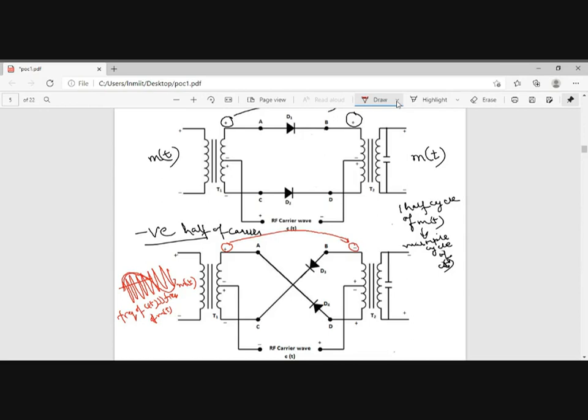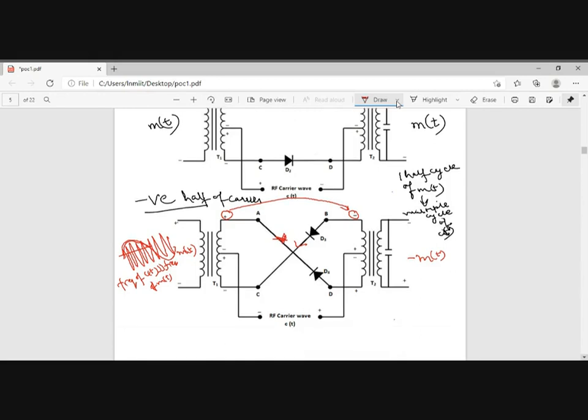You can very well check this, because whenever you apply m(t) here, you can see the change in polarity. The direction of the current will be in this direction, because Ac will also be greater than Am. So when m(t) is applied, the positive side will go here and the negative side will go here. That means I will be getting minus m(t).